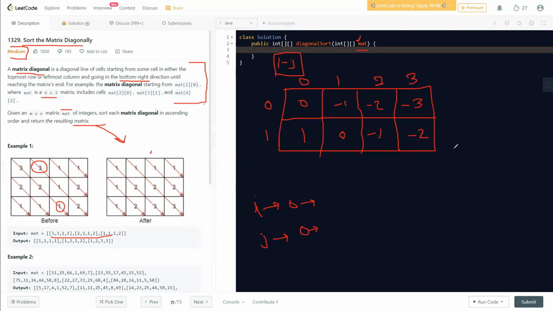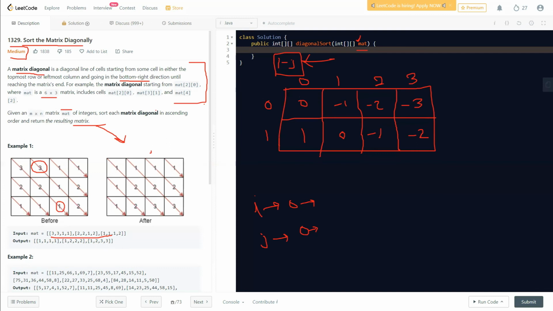We'll understand this further once we have the code in front of us. So you can understand what our approach should be for this kind of question: whenever they say diagonal, we should think of finding something like i minus j. It is our go-to in these cases.